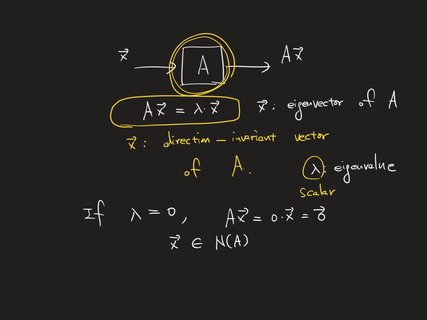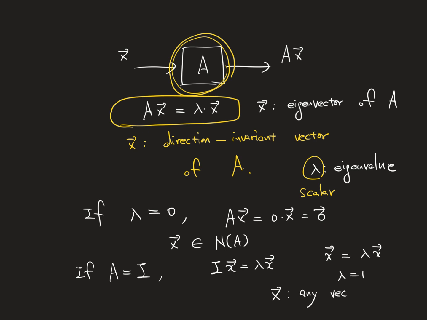Another special case is if A is equal to the identity matrix. Then the eigen equation will be Ix equals lambda x, and in that case x will be lambda x, so lambda is equal to 1 and x is any non-zero vector, because an eigenvector should not be a 0 vector.